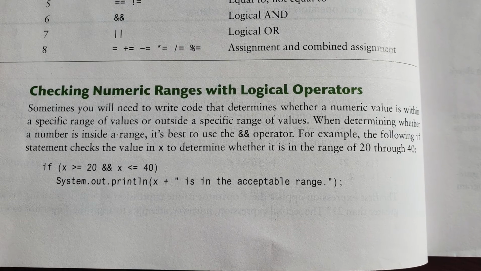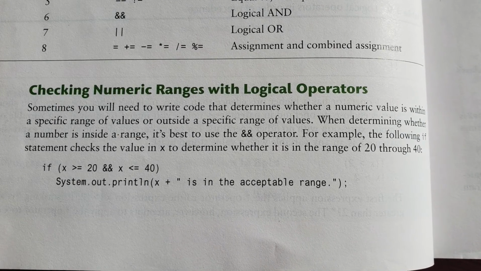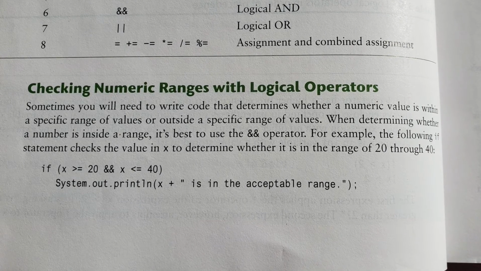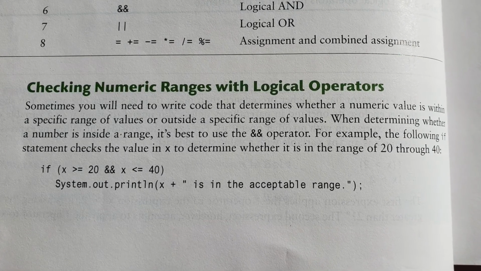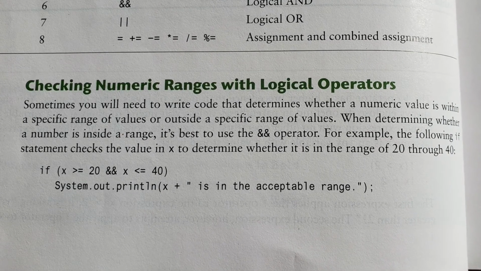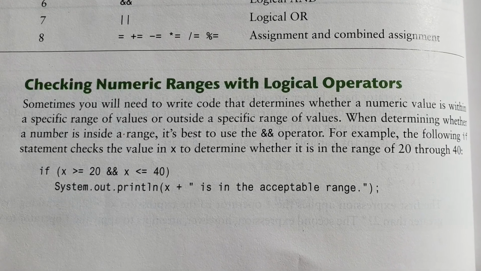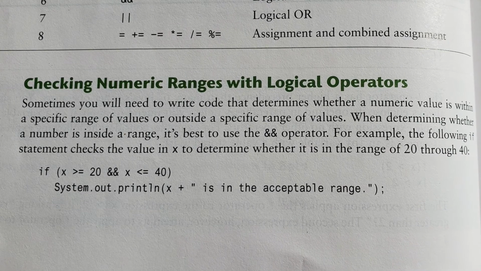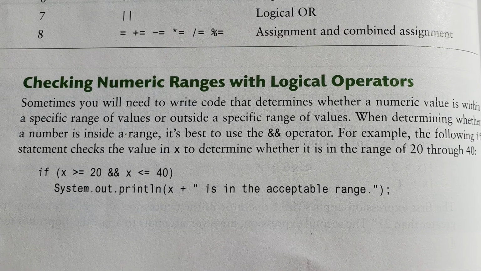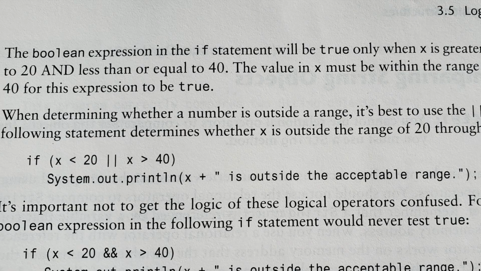The and operator can be used to check if a number is within a range. So the typical example of converting a score to a letter grade. If a number X is between 20 and 40, we want to say that the value of X is in the acceptable range. So we would say if X is greater than or equal to 20 and X is less than or equal to 40.